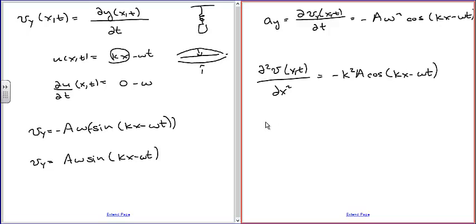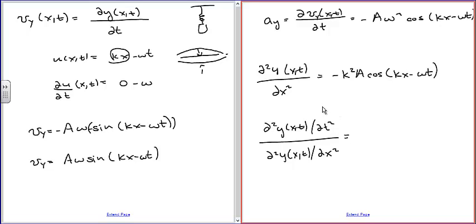Now if you take the ratio of the second derivative of y, so this should actually be y, not v, sorry, second derivative of y with respect to t divided by the second derivative of y of x and t with respect to x, what do we end up with there?